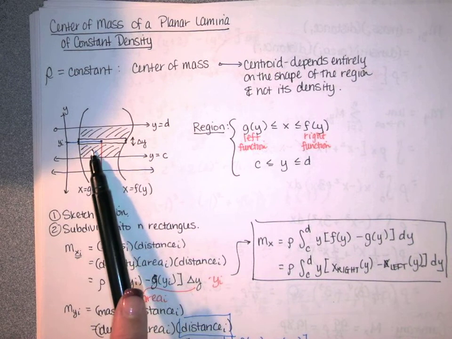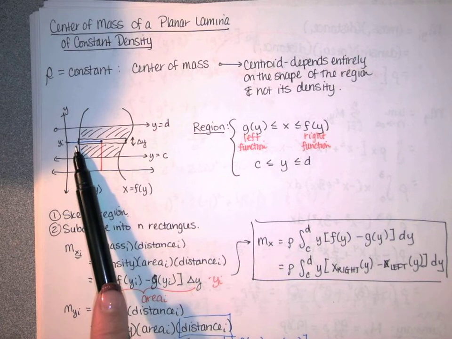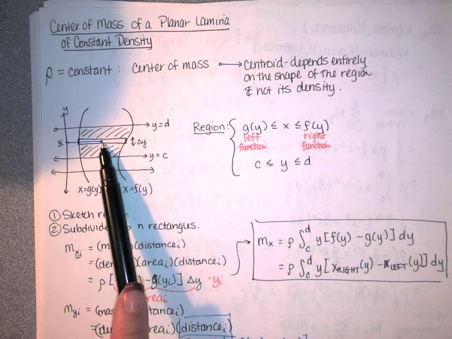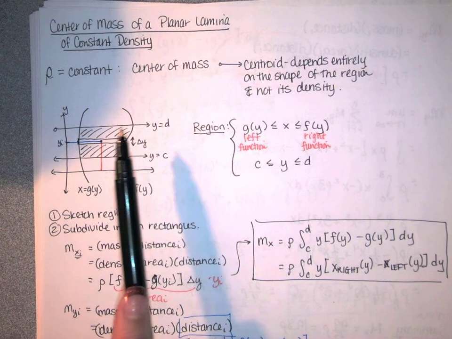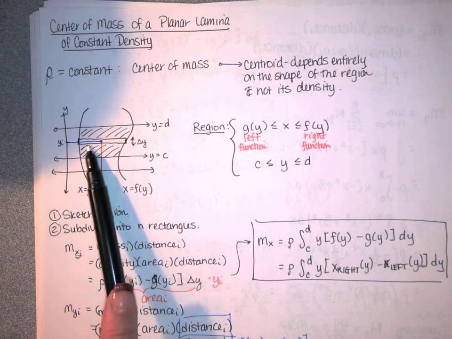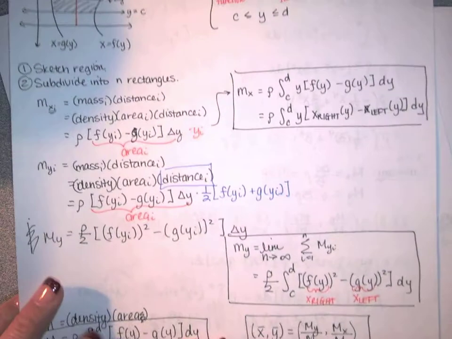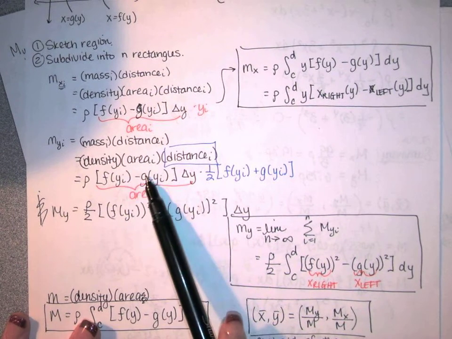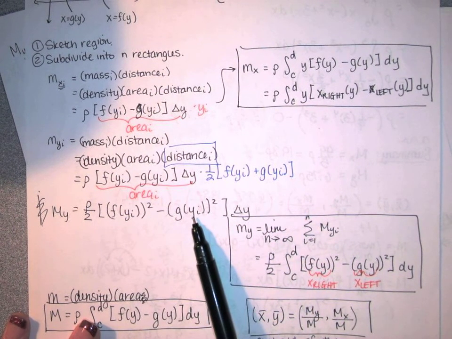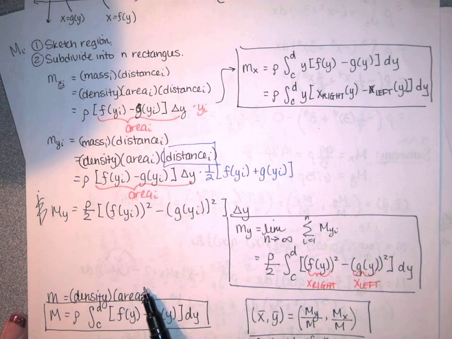For the moment about the y-axis, I get the area, so x on the right minus x on the left, times the average x value, which is x on the right plus x on the left divided by 2, because I'm just taking the two x's and averaging them. I add them together and divide by 2. And multiply those together. And then because a minus b times a plus b is a squared minus b squared, we get this nice little formula that looks like this. And mass is just density times area. So it's just really an area with this extra rho out front.